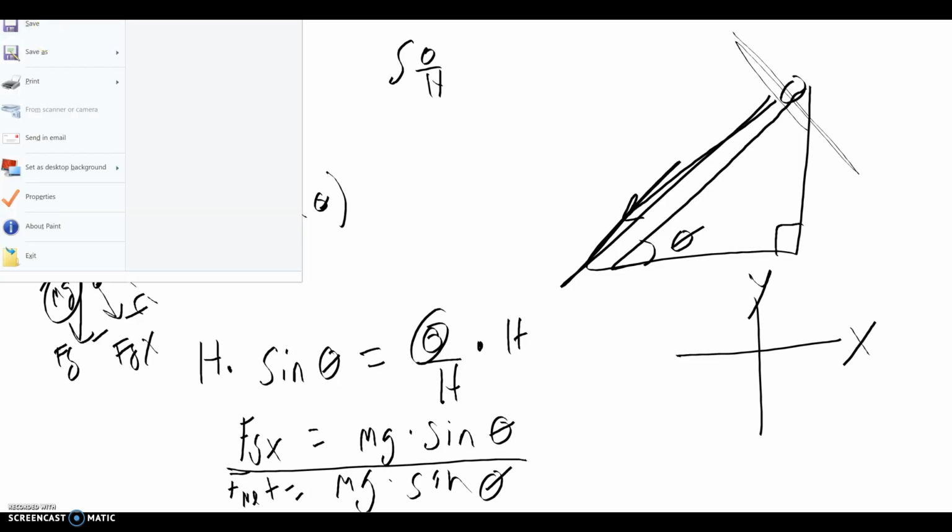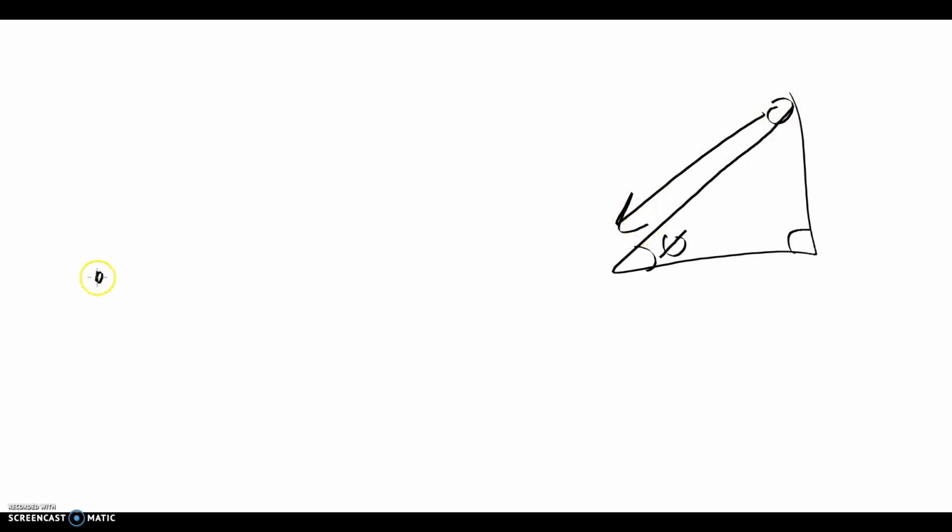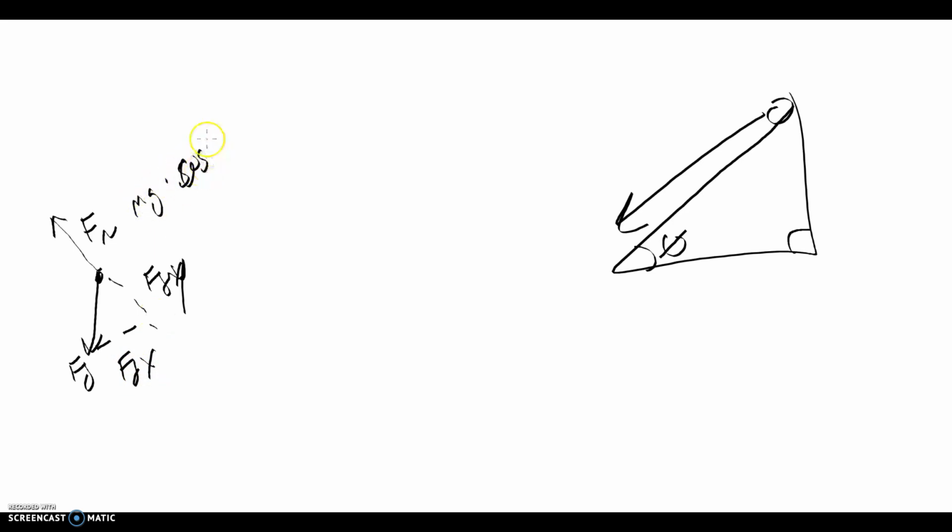So I'm just going to open a new page again, and here we have our inclined plane, theta, the ball going down. So I'm just going to draw out our free body again. This is your FG, this is your Fn. Break the Fg down. We have FGX and FGY. This is FGY, and this is equal to m times g times cosine of theta.